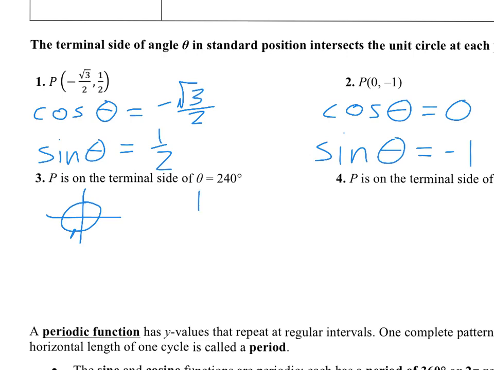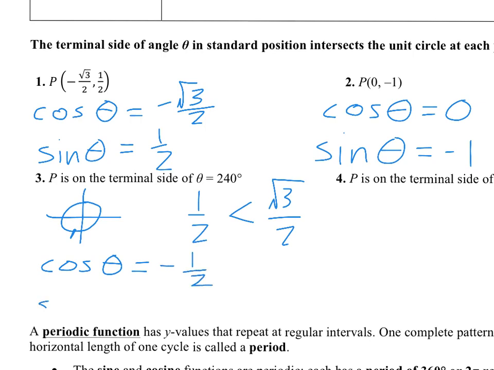You need to remember that 1/2 is less than rad 3 over 2. So looking at that point, I know the x distance is shorter, so it's 1/2, and in quadrant 3, x is negative. The y distance is the bigger number, and it's also negative in quadrant 3.